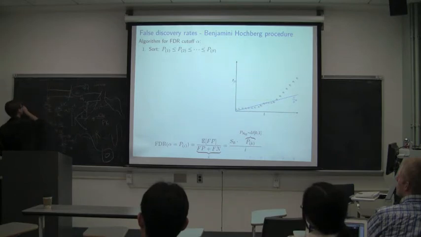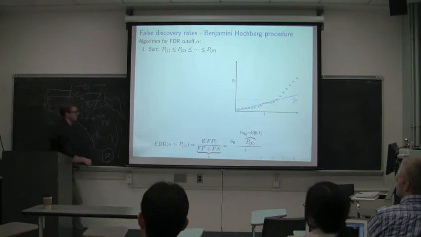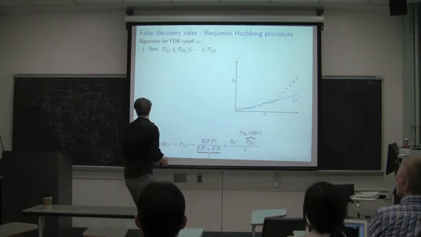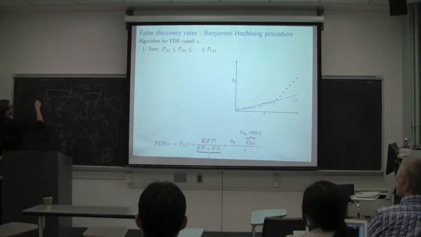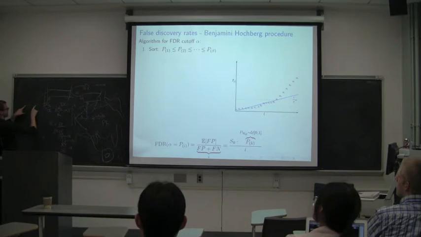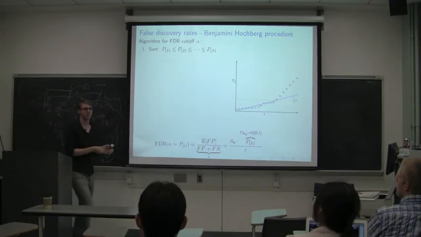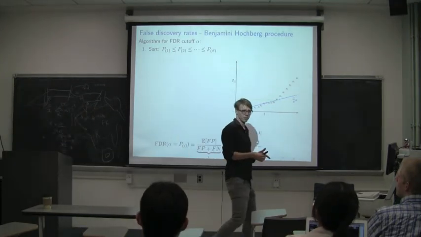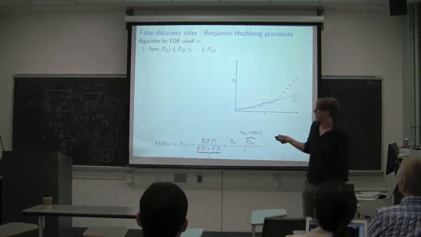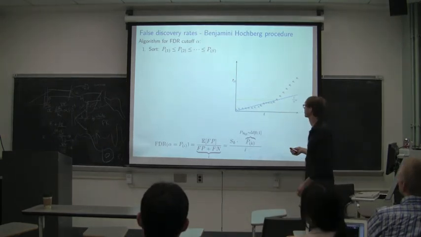So we get a straight line. At a given point, it's the total number times the p-value that we look at. So the p-value is the slope of this line.